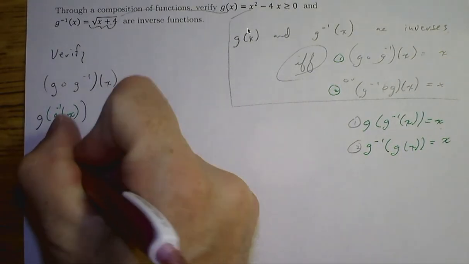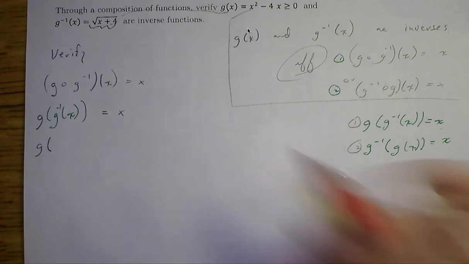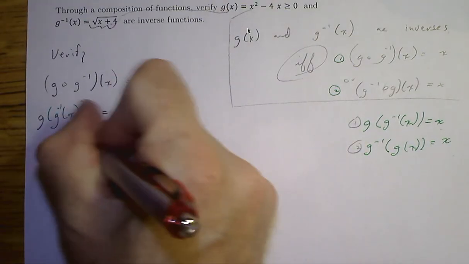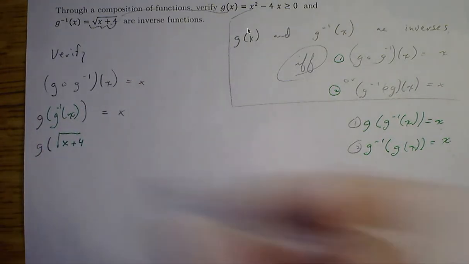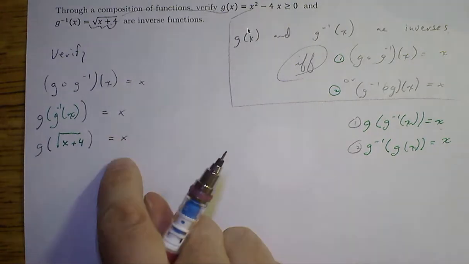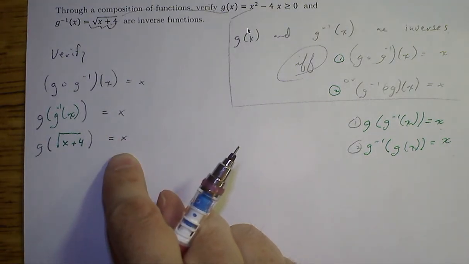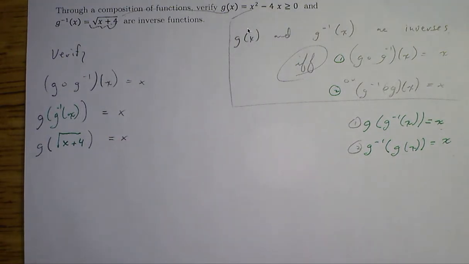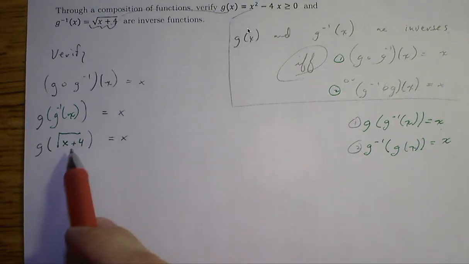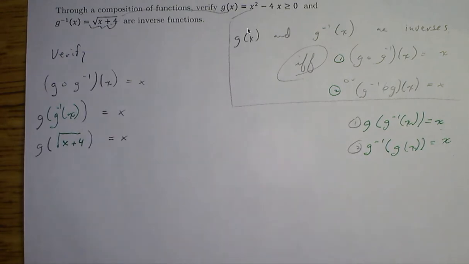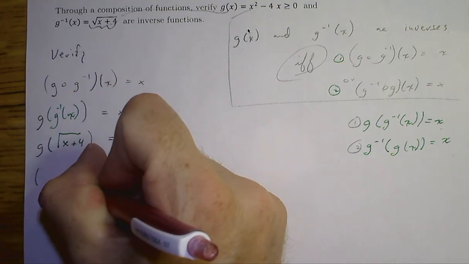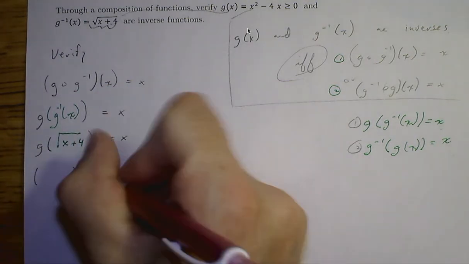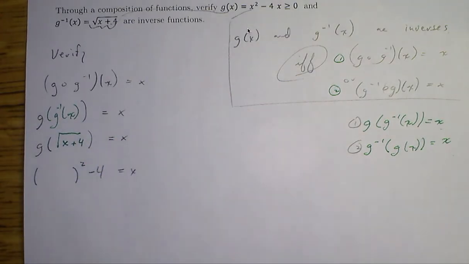So g, now what is the output of my g inverse of x? It is equal to the square root of x plus 4. Again, this is a question, not a statement yet. So now, if I apply my function g to this input, what I get is, my function g is just a set of instructions that says take your input, square it, subtract 4, right?